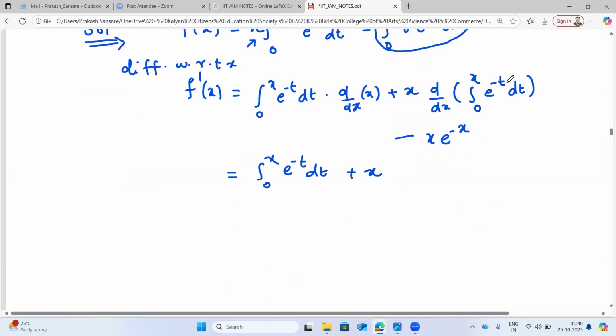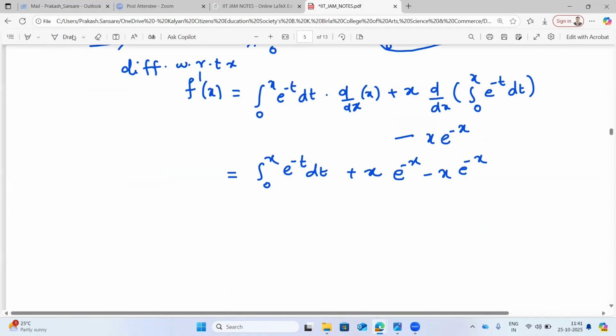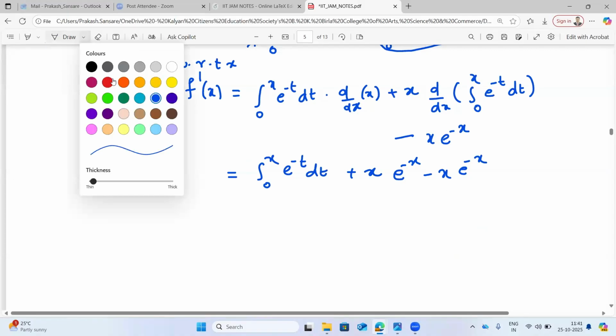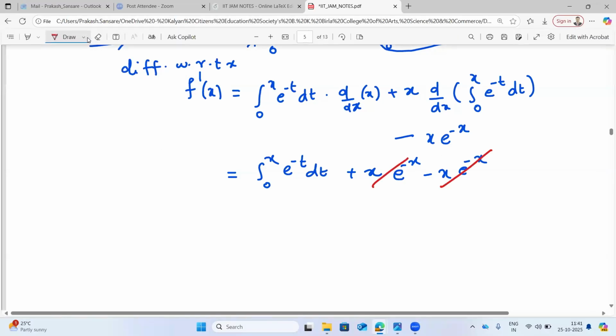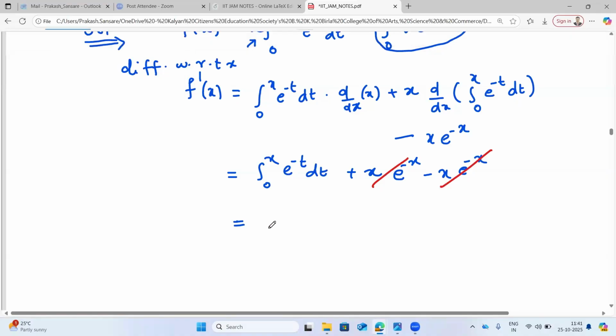So instead of t, you write a function of x, so e raised to minus x, minus x times e raised to minus x. The similar terms get cancelled, and this is my f dash x, integral 0 to x e raised to minus t dt.